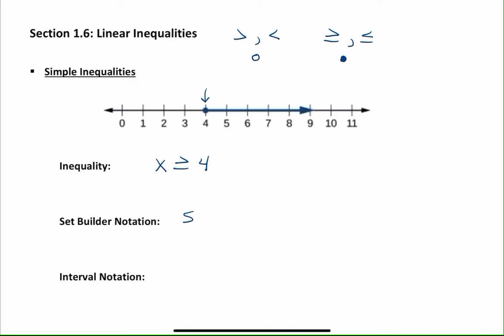You've got a bracket, and then you'll say x such that, the long line stands for such that, and then you just have x is greater than or equal to 4. So you basically rewrite the inequality. So it's just a fancier way of writing an inequality.